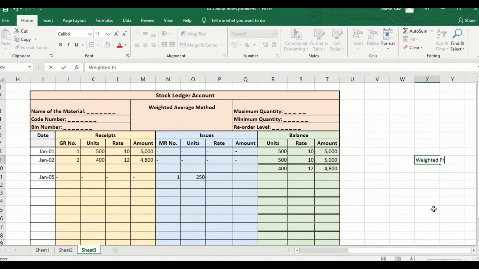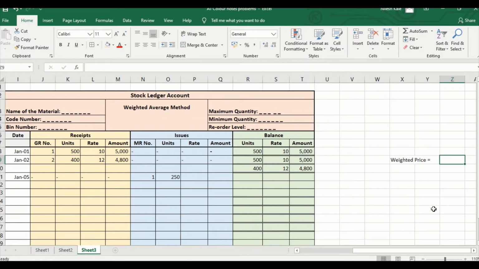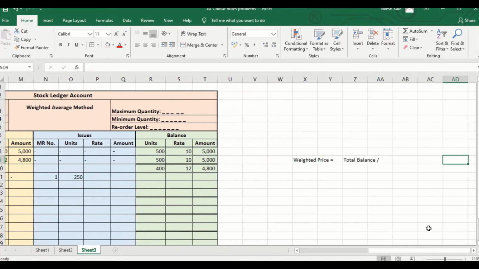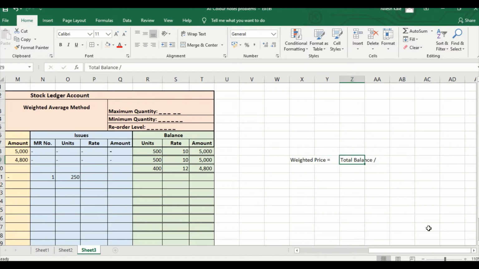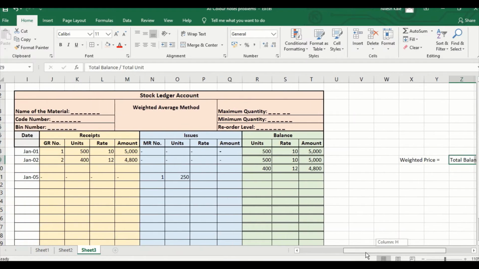Weighted price is equal to, in the next column I will write, total balance divided by total units. Now this formula you have to use everywhere. Now that is what I am going to use.